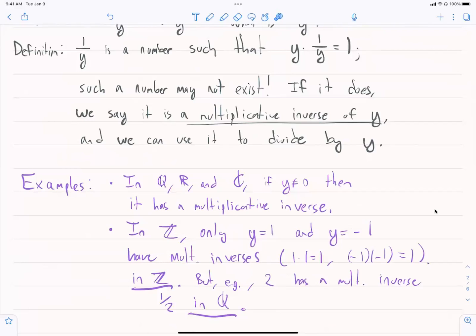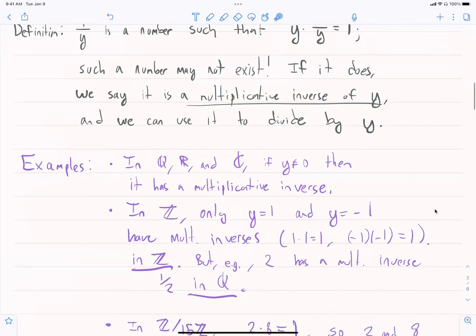But in Z, the integers, the only things that have multiplicative inverses that are also integers are y equals 1 and y equals minus 1. Because 1 times 1 is equal to 1, and minus 1 times minus 1 is equal to 1. So minus 1 is its own multiplicative inverse, and 1 is its own multiplicative inverse.